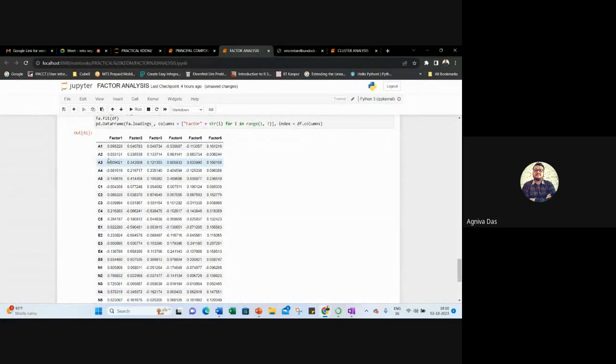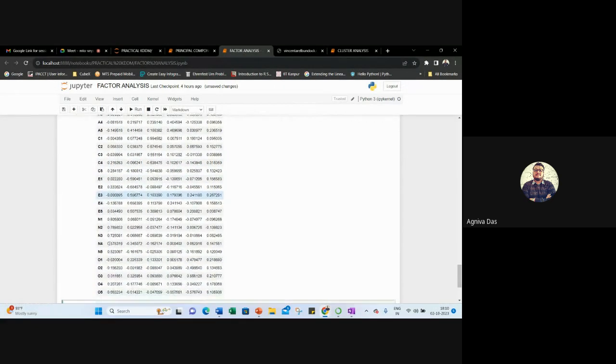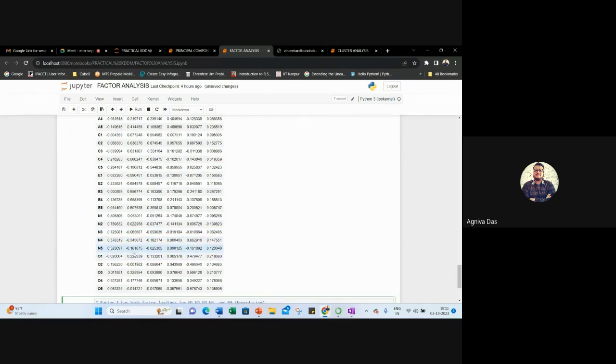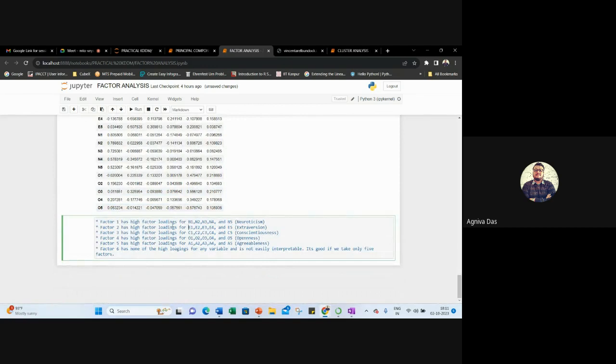So as we can see, the highest loading in factor 1 was by N1, N2, N3, N4 and N5. So factor 1 has high factor loadings for those. These stand for, let's say, neuroticism according to the data set.